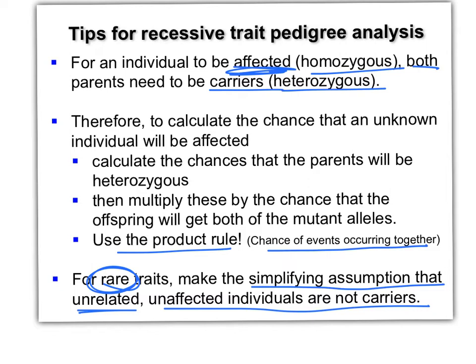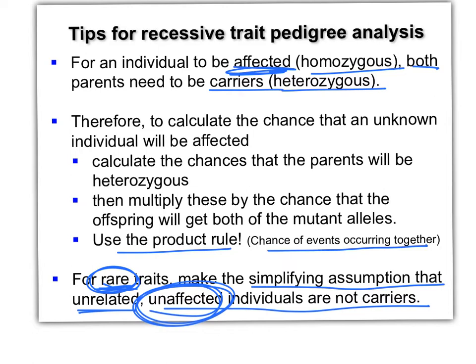But if you just meet some random person at a bar, it's unlikely that their family has this rare trait. It's within the realm of possibility, but it's highly unlikely if it's something very rare. So you can assume anybody marrying in is unaffected unless their offspring negate that.